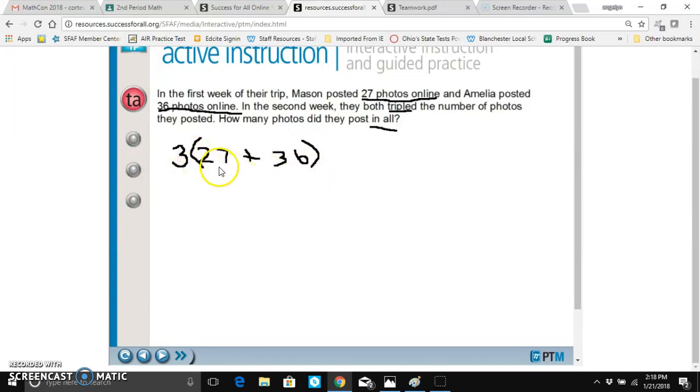So if I were to show this problem a different way using distributive property, I would do 3 times 27. So out to the side, I'm going to put 3 times 27 plus, then we distribute the 3 also with 36 by multiplying. So we have 3 times 27 plus 3 times 36.